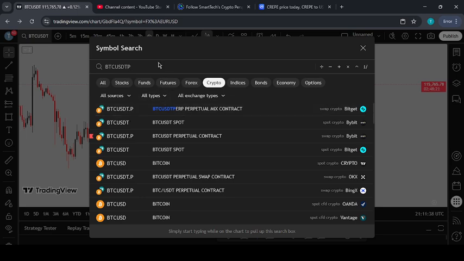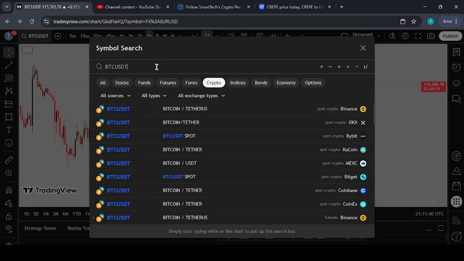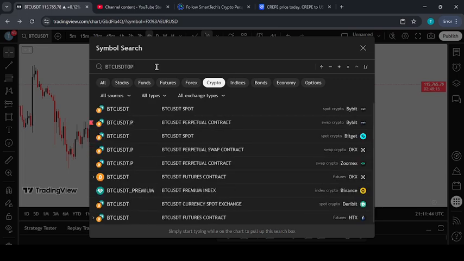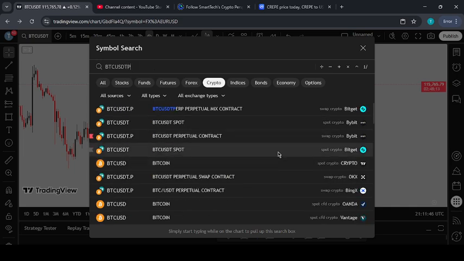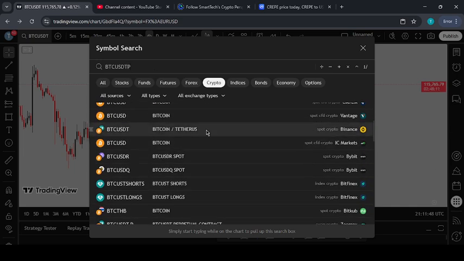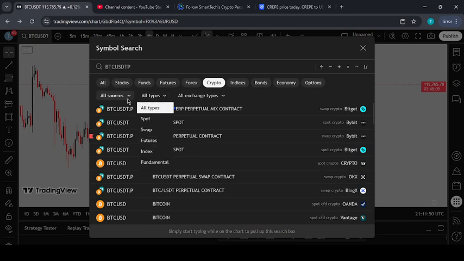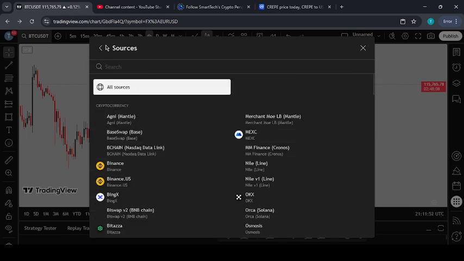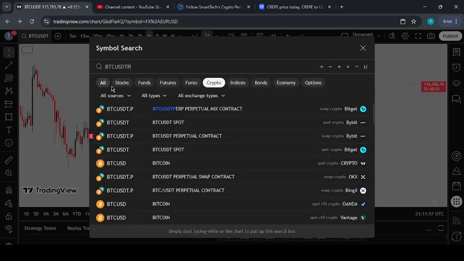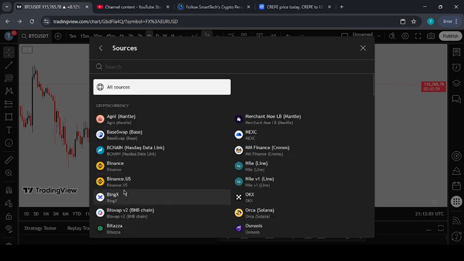Can't find it anymore. Hold on, guys. I don't want to start redrawing those structures. Why would this thing want to waste my time? Sources. I think that's Binance. Okay.